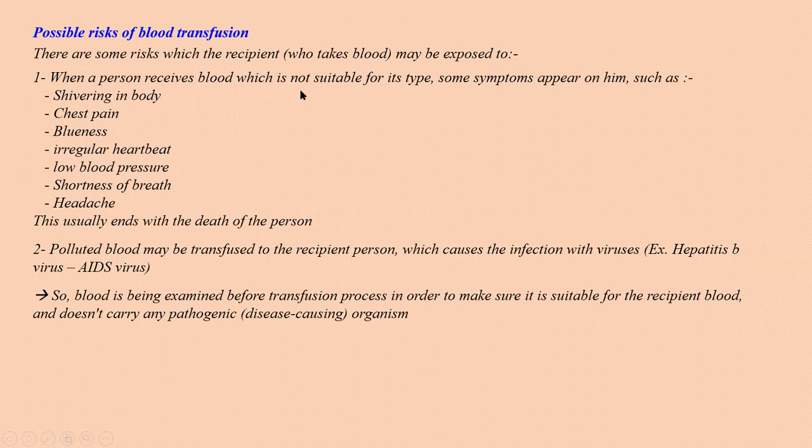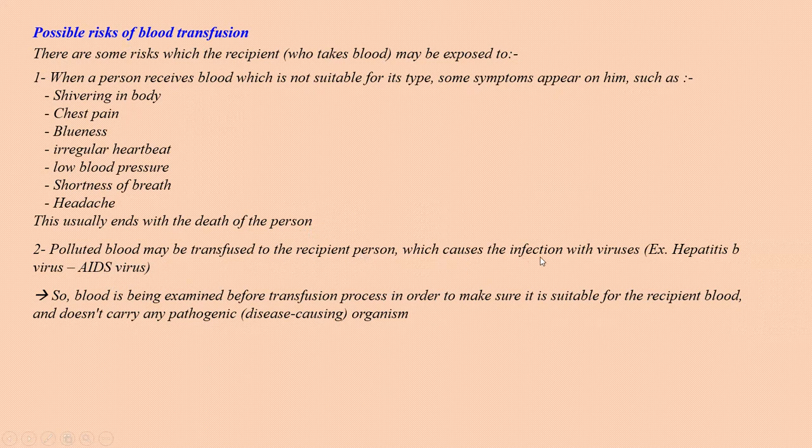When a person receives blood which is not suitable for their type, some symptoms appear, like shivering as soon as they receive the blood, chest pain, severe pain in the chest, and the person starts turning blue, irregular heartbeats, the heart keeps beating fast, low blood pressure, shortness of breath and headache, and this usually ends with death if not treated in time.